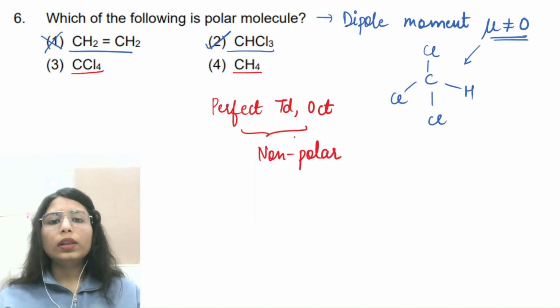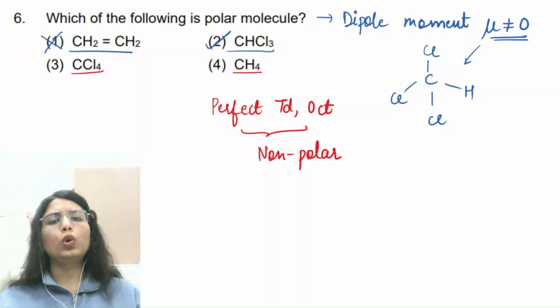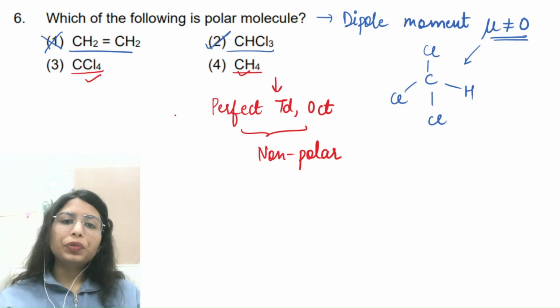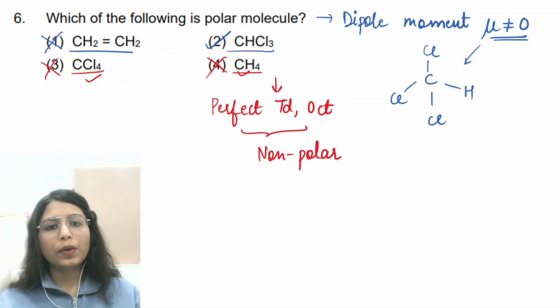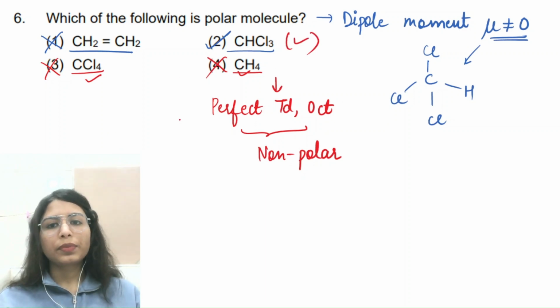So all the tetrahedral and octahedral compounds which have no lone pair repulsion or anything else are non-polar in nature. CCl4 and CH4 are perfect tetrahedral geometries, due to which they are classified as non-polar molecules, and hence the third and fourth options are incorrect, and my correct option is CHCl3.